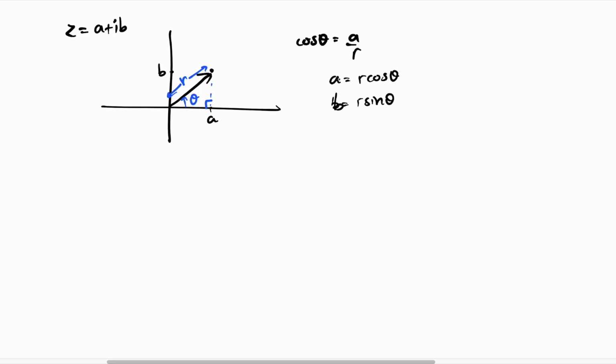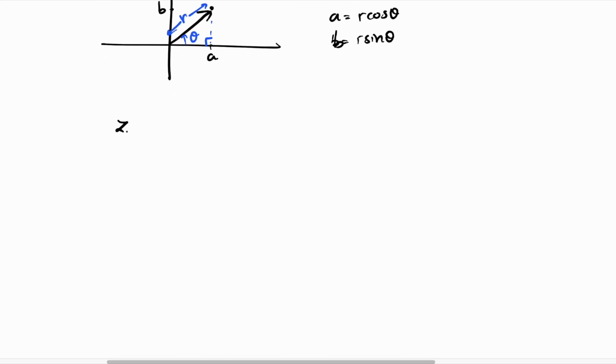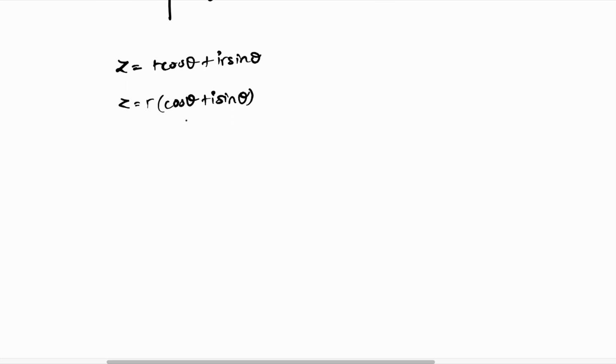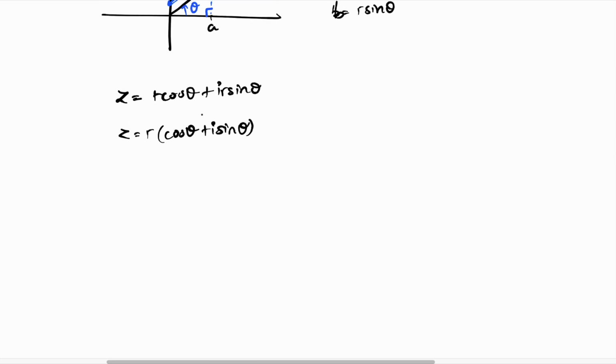So substituting the values of a and b in terms of r and theta into my Cartesian form, I'll get z is equal to r cos theta plus i r sine theta. And taking r common, I'll get r times cos theta plus i sine theta. So this form here is called the polar form of the complex number.